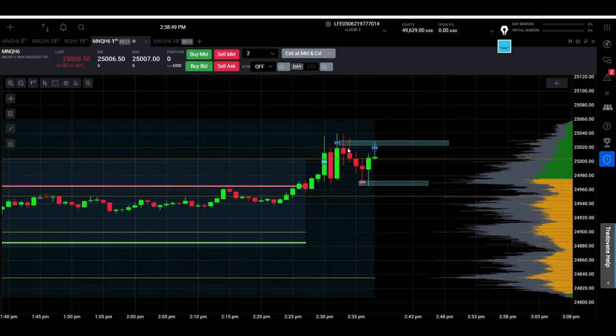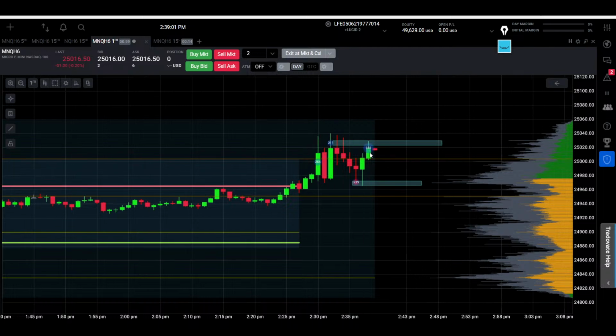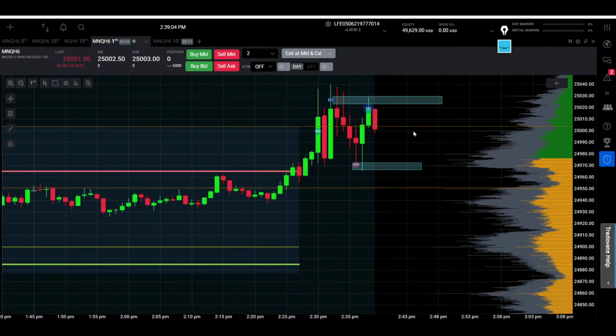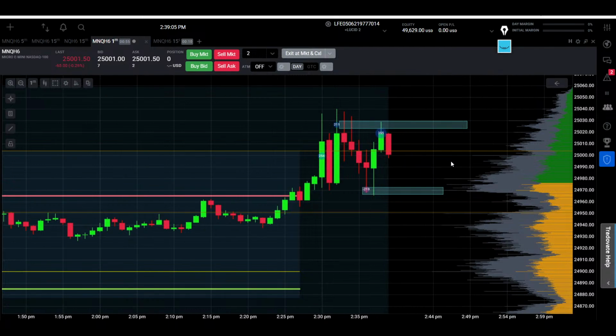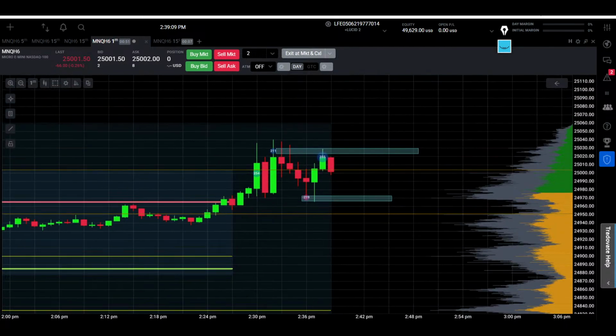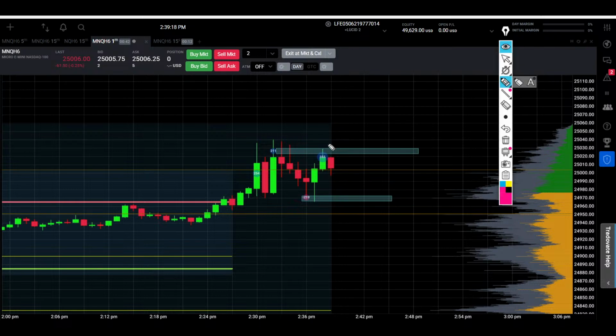Once it sees the range during the open, it needs to wait for the close above the range, and then you enter. But safer would be if it breaks out, comes back here, and then you enter.